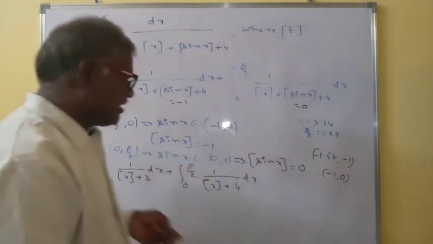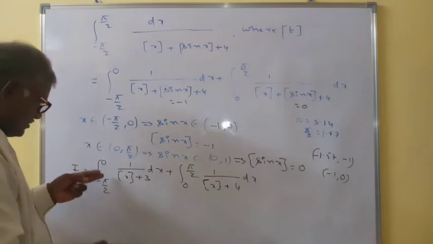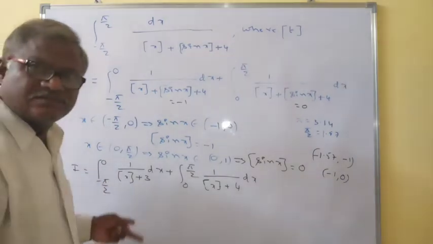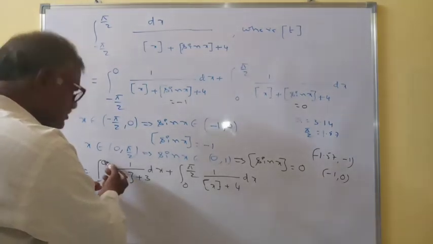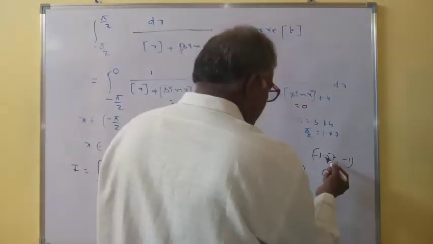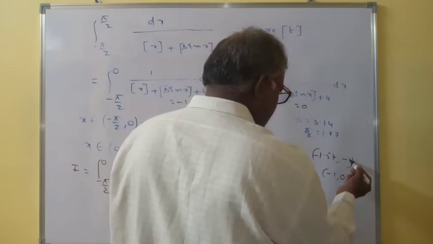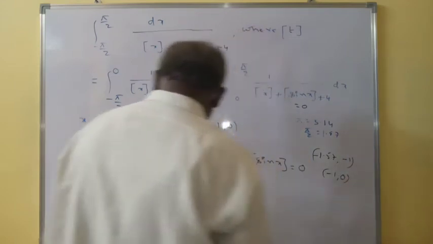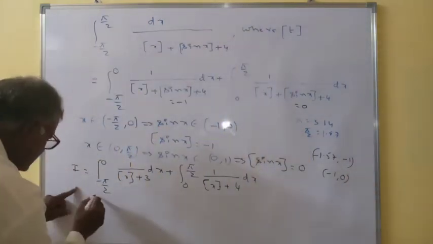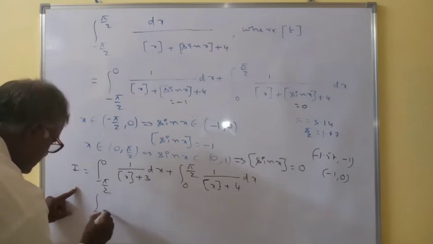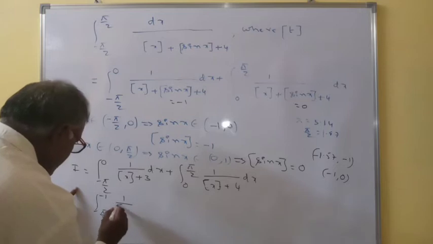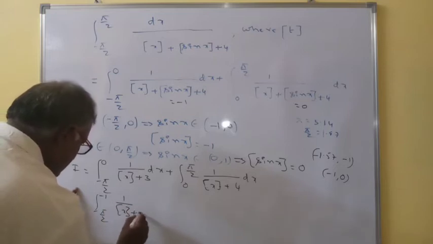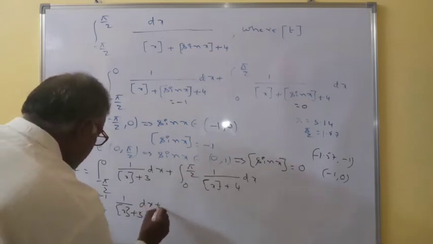This I have to split into two intervals, because minus 1.57 to 0 can be split into minus 1.57 to minus 1 and minus 1 to 0. So this is minus pi by 2 to minus 1, 1 by [x] plus 3 dx.